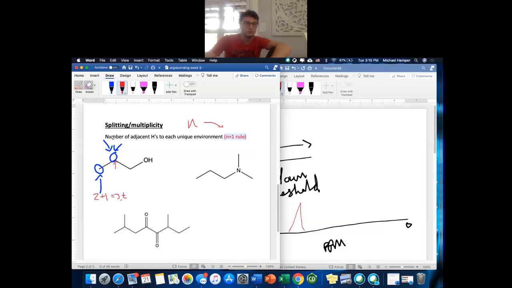So this signal here, how many neighboring hydrogens does this signal have? 3, 4, 5, 1. How many neighboring hydrogens are there for this one?